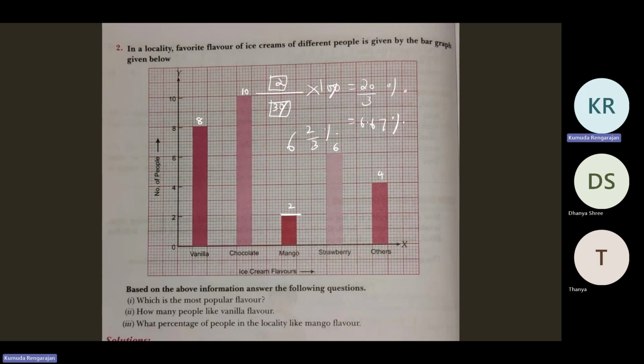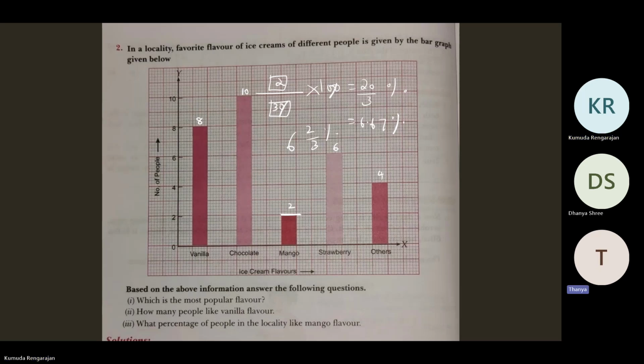Yes, children, I'm waiting for the answer from you. What percentage of people like strawberry and others? So how many like strawberry? 6. How many like others? 4. So these two put together 10. 10 by 30 into 100.